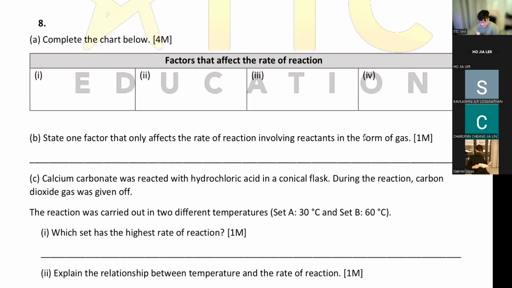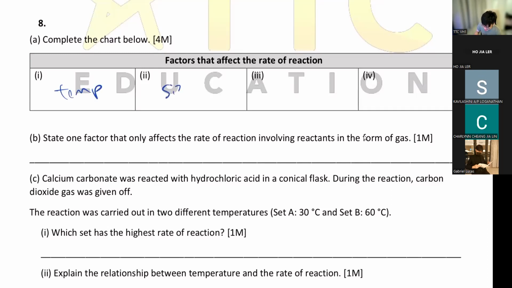Anyway, let's look at number 8, shall we? Factors that affect the rate of reaction. What are the 4 factors? How do you cook your chicken soup? Okay, temperature, good.